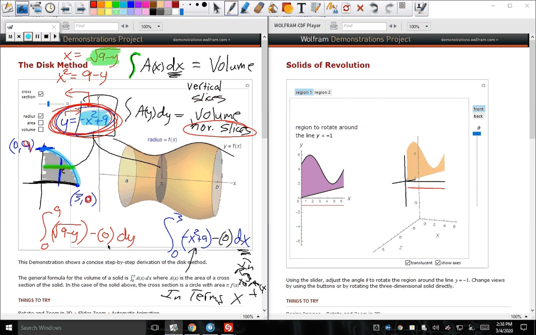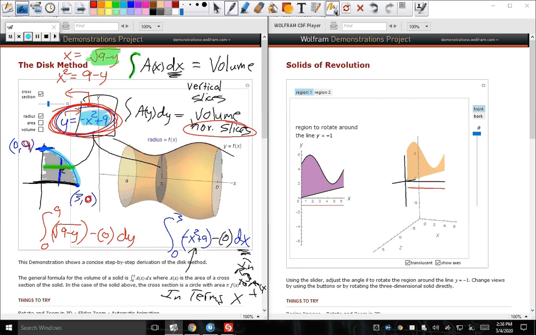You've got some good practice on it. But now we're going to move this on to integrating three-dimensional volumes, creating these three-dimensional volumes. Okay? So let's go ahead and look at this one in particular.